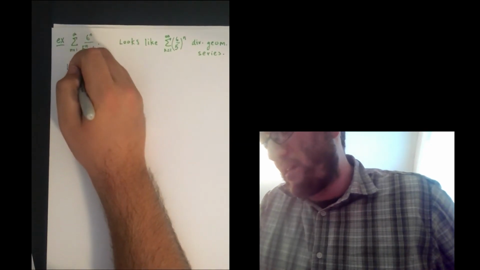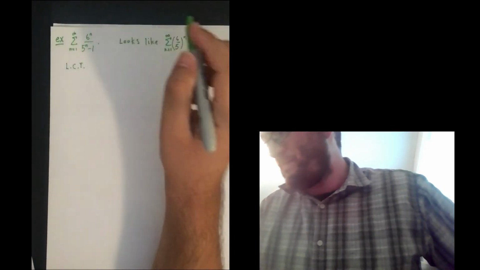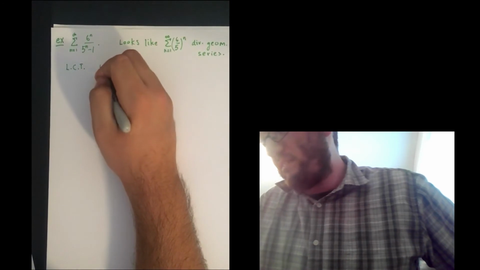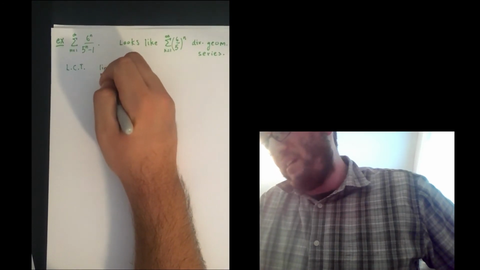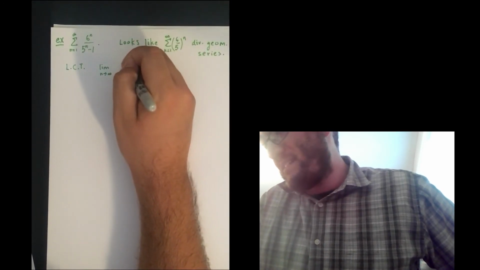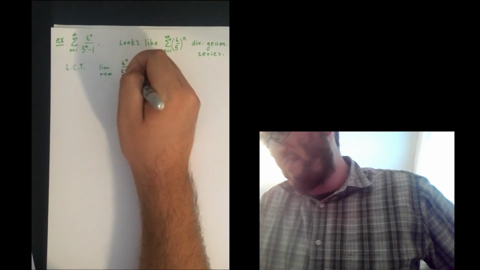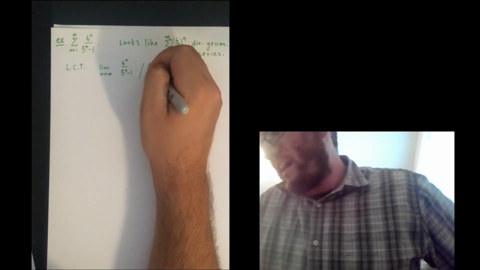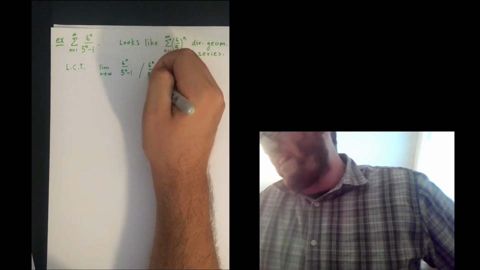So let's apply the limit comparison test. Let's take the limit as n goes to infinity of 6 to the n divided by 5 to the n minus 1, divided by 6 to the n divided by 5 to the n.